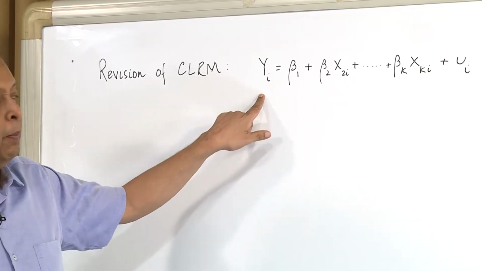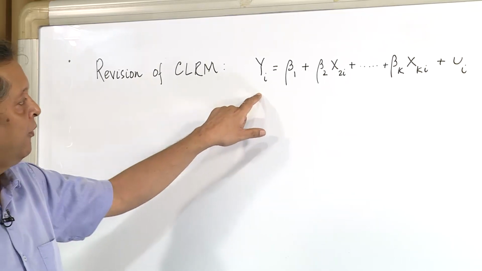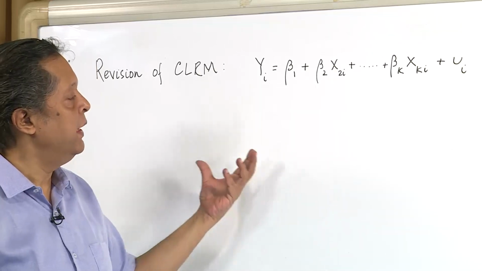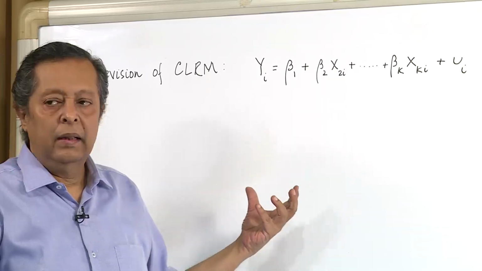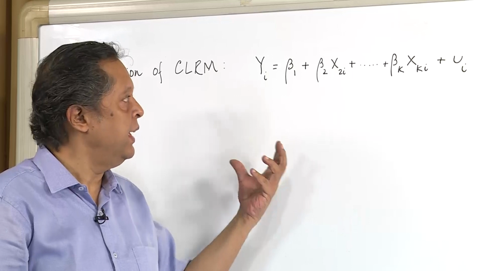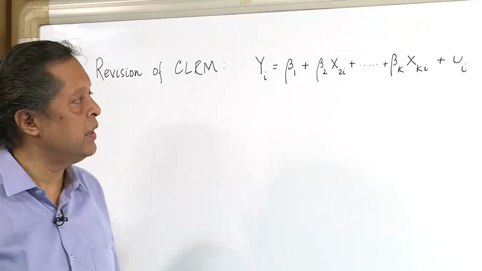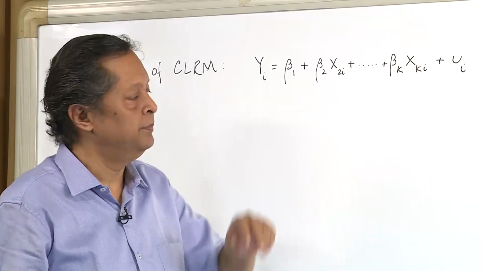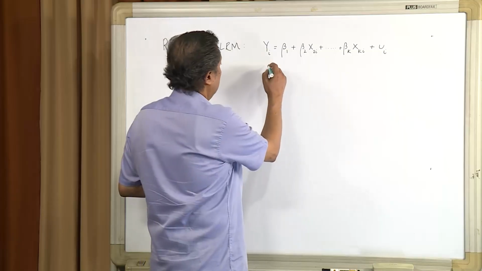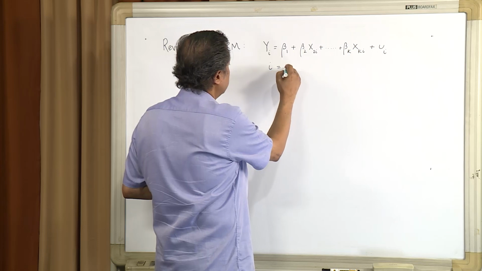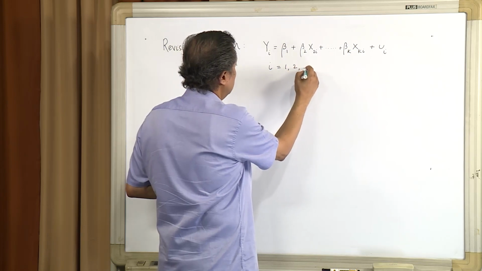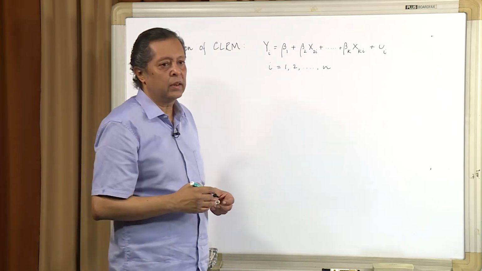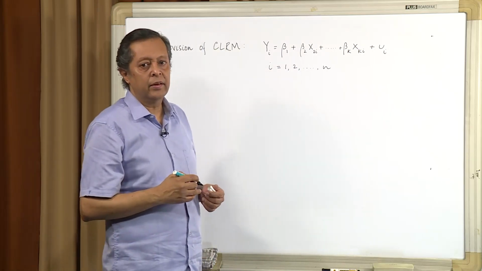Yi is the explained variable and the set of x's are the variables that explain y. For simplicity, we take the x's as non-stochastic and ui is the random disturbance term. i is the number of observations running from 1 up to n. So, that is the structure of the classical linear regression model.